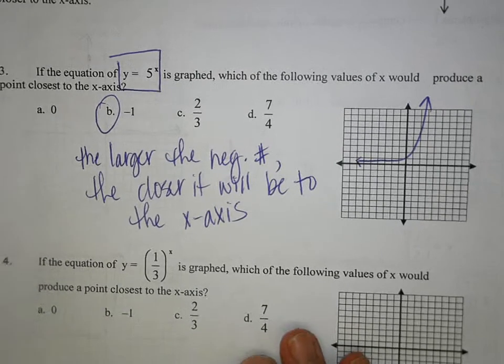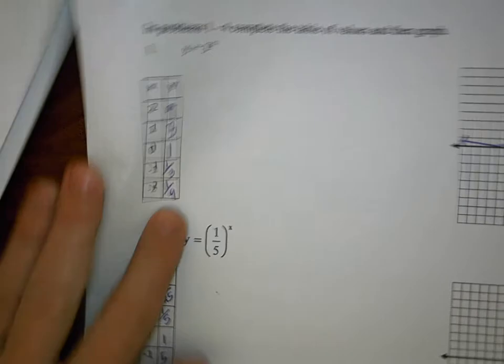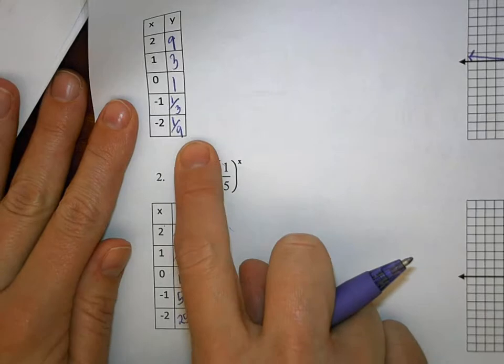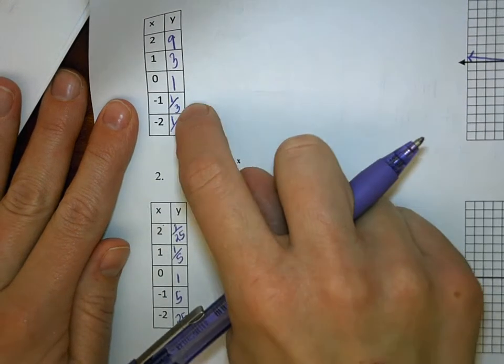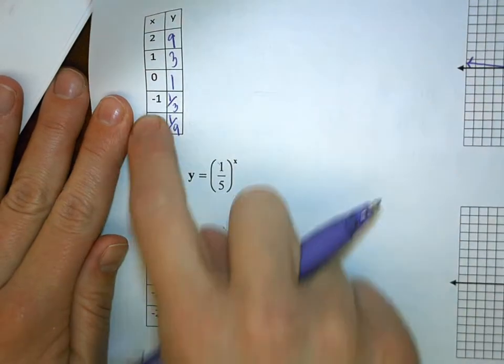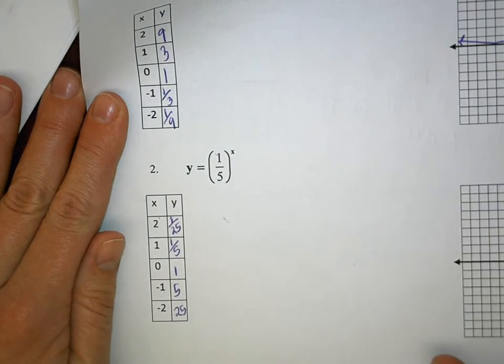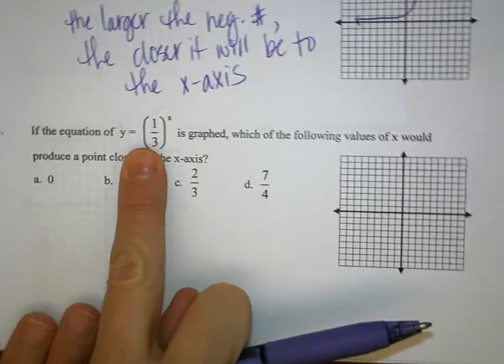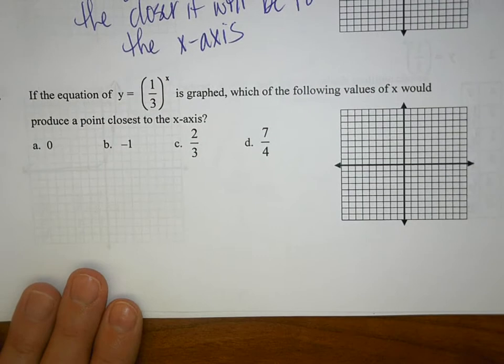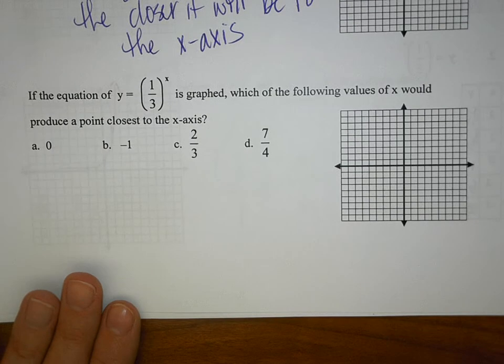If you go back and look at this other example, remember 1/9 is closer to the x-axis than 1/3, right? So the bigger the negative number you plug in for x, the closer it would get to the x-axis over here. Okay? So for this graph, if the equation y equals 1/3 to the x is graphed, which of the following values of x would produce a point closest to the x-axis?